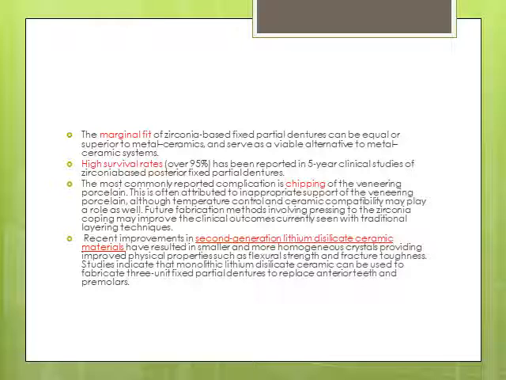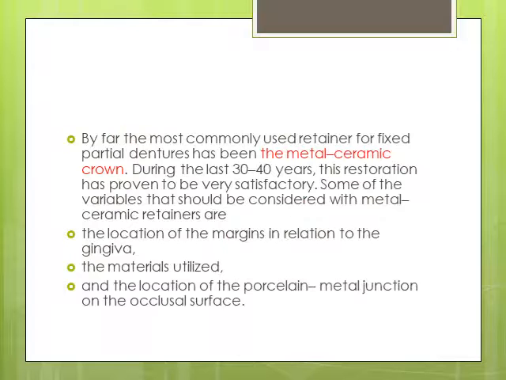This increases the chances of using it as a 3-unit fixed partial denture to replace anterior teeth and premolars because of these physical properties. By far the most commonly used retainer for a fixed partial denture is the metal ceramic crown, metal fused to ceramic.